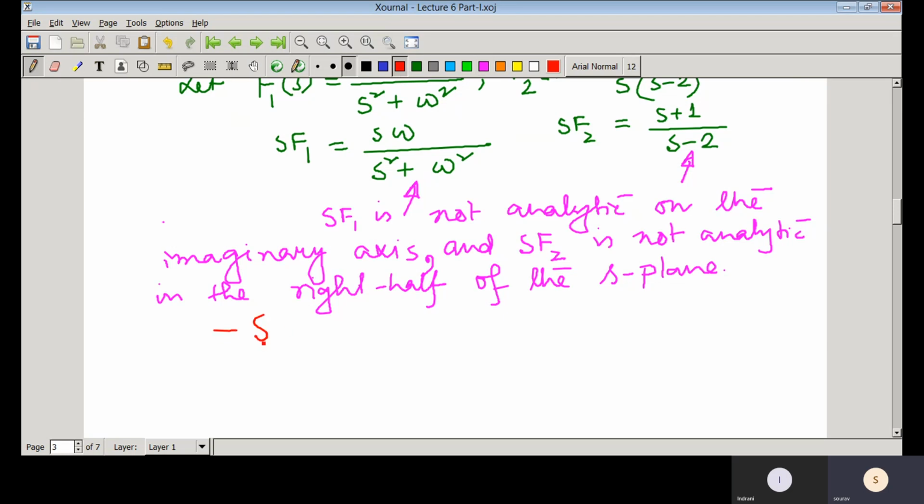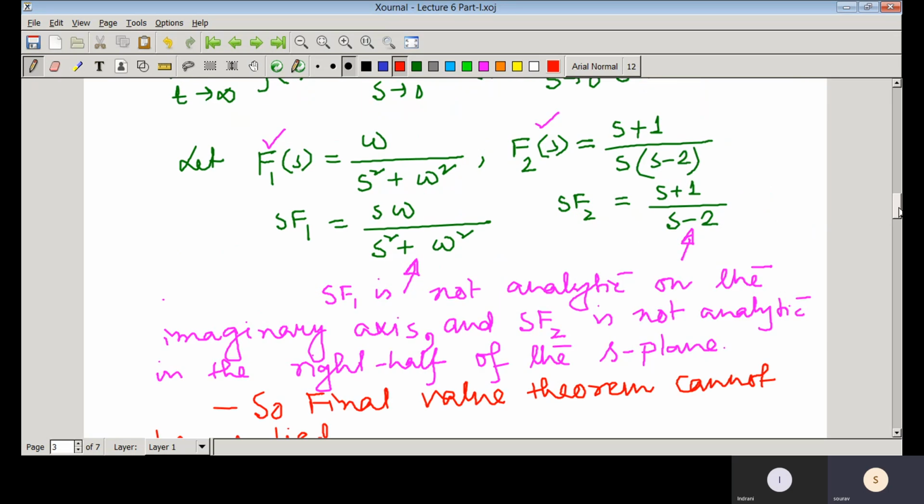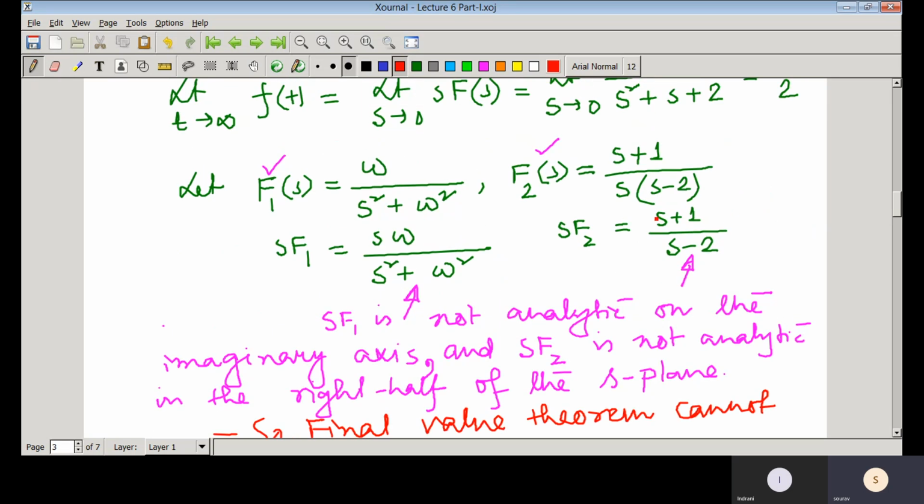So you should be careful before applying the final value theorem, because if you apply it, in this case your answer would be minus half, which is wrong.